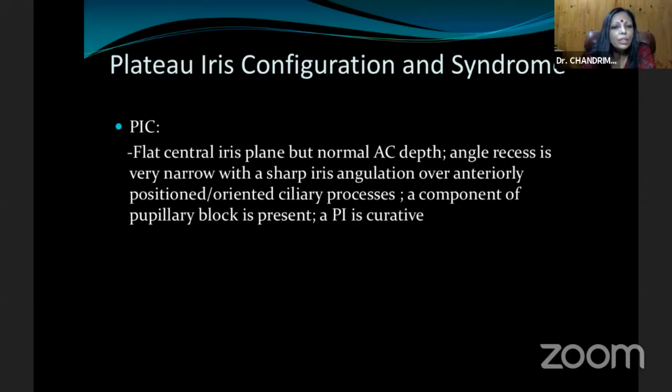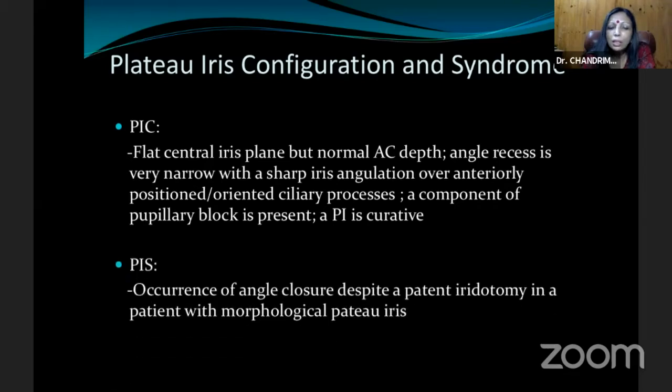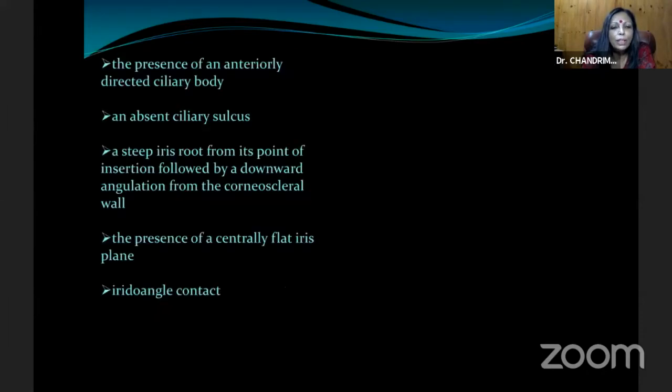The configuration is a flat central iris plane with normal AC depth, a very narrow angle recess with a sharp iris angulation over anteriorly positioned ciliary processes. A component of pupillary block is present, and a PI is curative. Plateau iris syndrome is the occurrence of angle closure despite a patent iridotomy in a patient with morphological plateau iris.